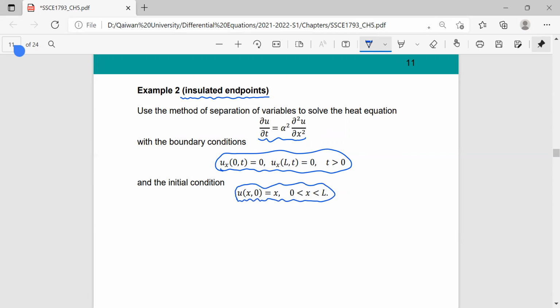Here, we should first write down the differential equations. I mean, we need to reduce this partial differential equation to 2 differential equations. Okay, here I'm just going to write down the differential equations. It's the same as the previous example.